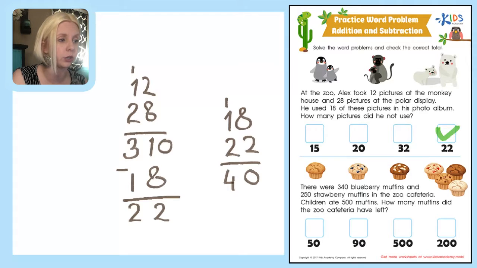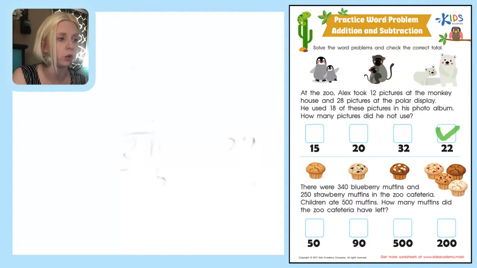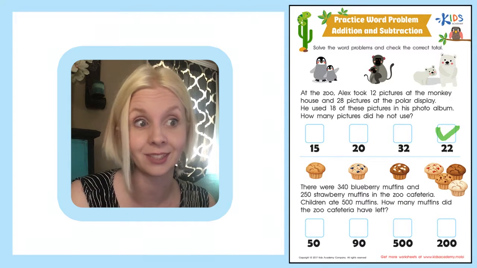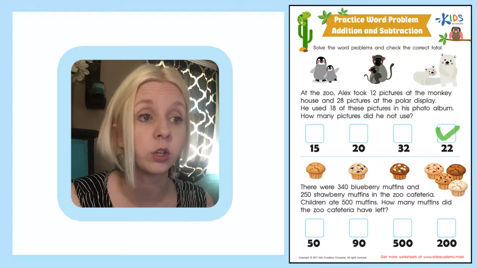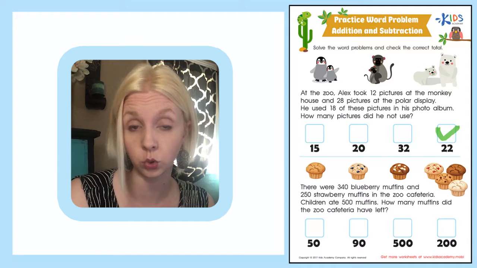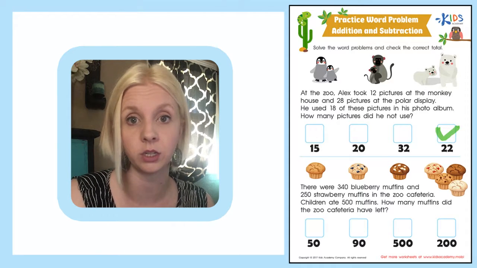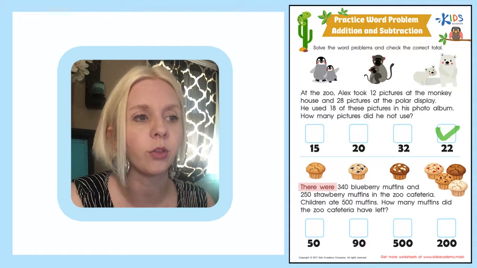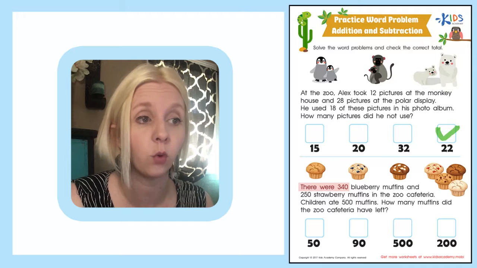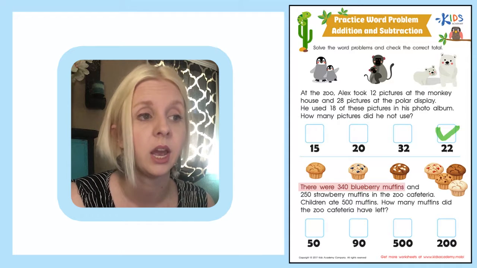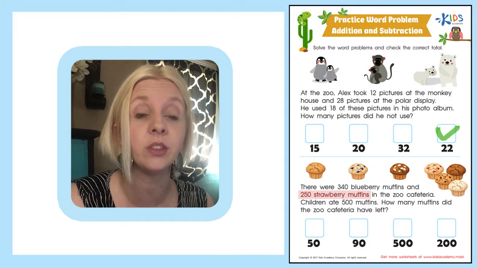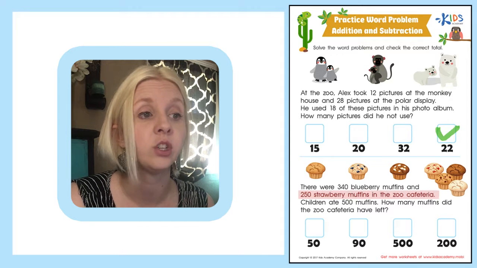Okay. Now what we are going to do is the next one. So we need to read through the next one. It looks like we've got muffins on this one. I like muffins. And we're going to try to read through the story and then find out what we need to do in our story. So it says there were 340 blueberry muffins and 250 strawberry muffins in the zoo cafeteria.